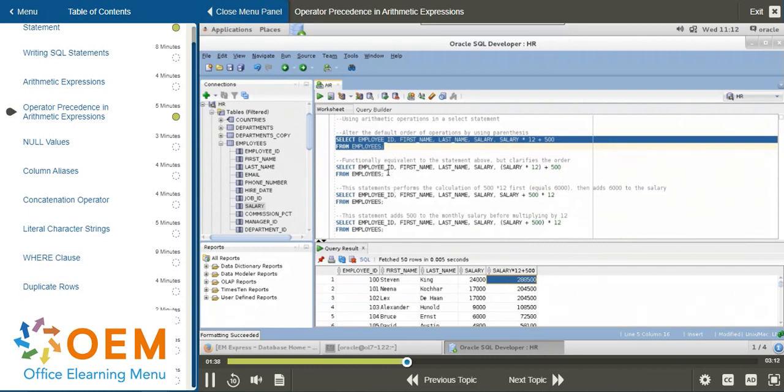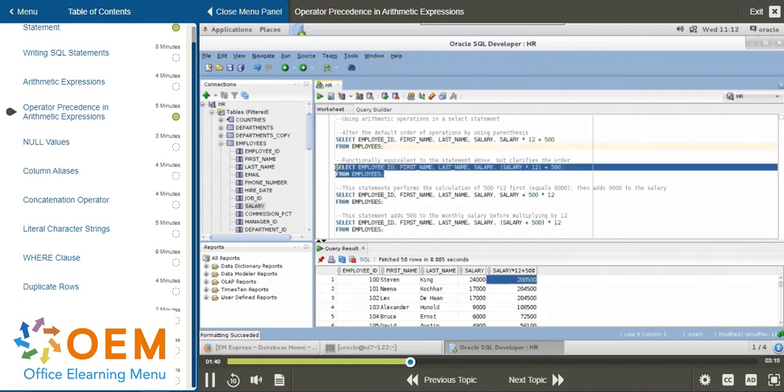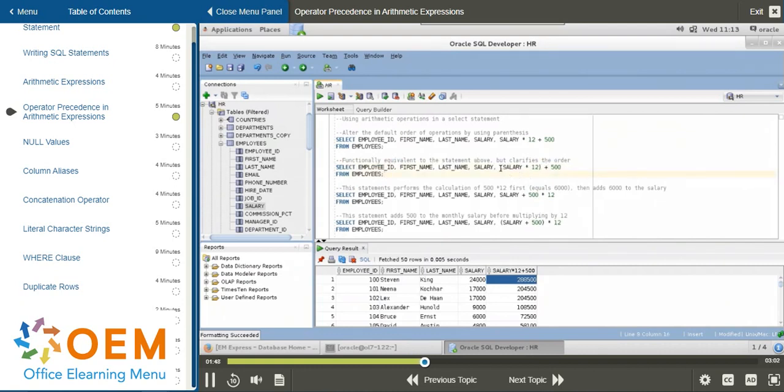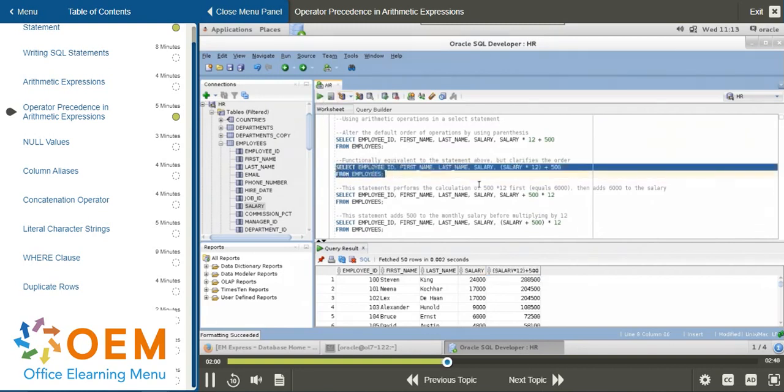So this second example is in fact functionally equivalent to the statement above, but it does clarify the order. So you can see now I have the salary column along with the times 12 in parentheses. So this should yield the same result because, again, this really is the same.